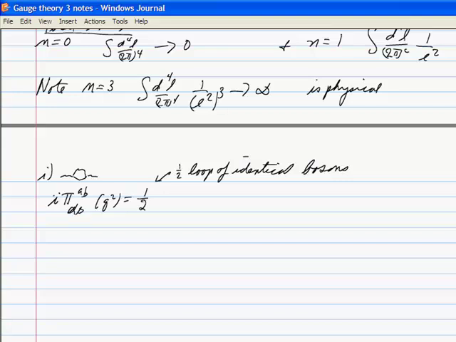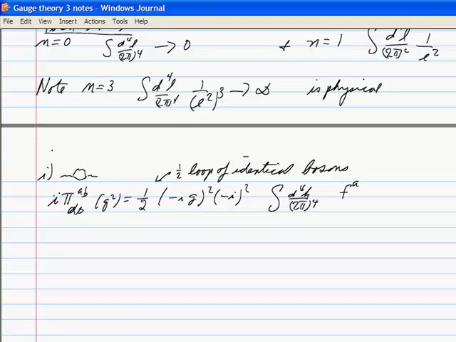So that piece enters, there's a minus i g squared from the vertices, there's a minus i from each propagator, so that's squared. And then I have the integral d4k over 2 pi to the fourth. Each coupling is f a.